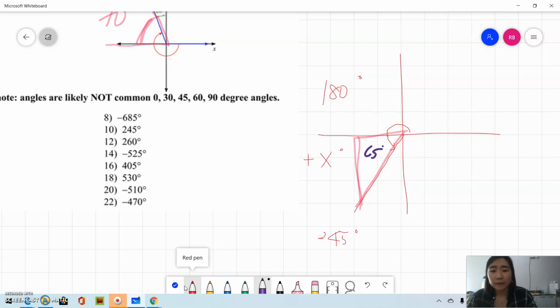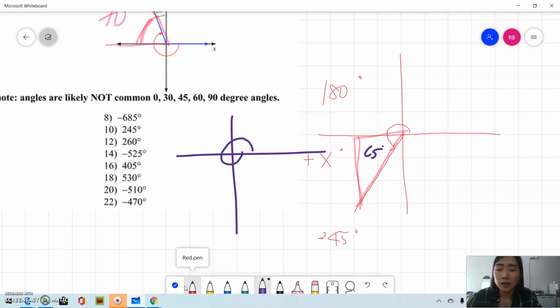Do you see how it's a lot easier if you draw the angle? Let's look at number 8. Number 8 is a negative number, so we have to go this way. It's greater than 360, so we go around one circle. So basically, I add 360 to negative 685 degrees. Then I get negative 325 degrees. Negative 325 is more than 180, more than 270, and it's somewhere around here.